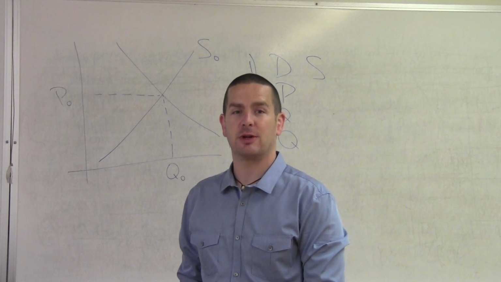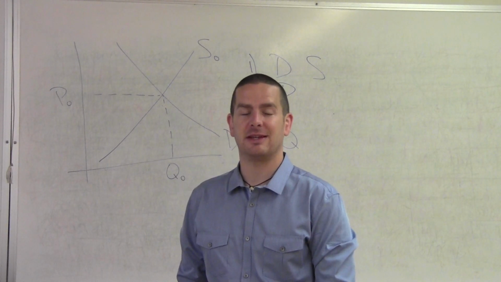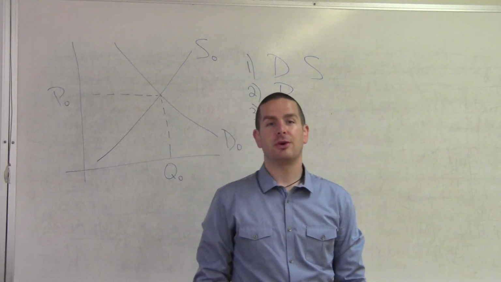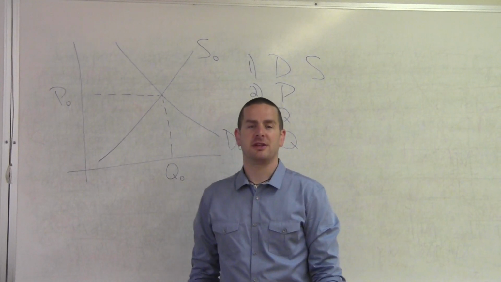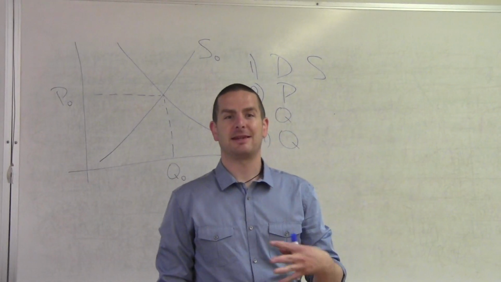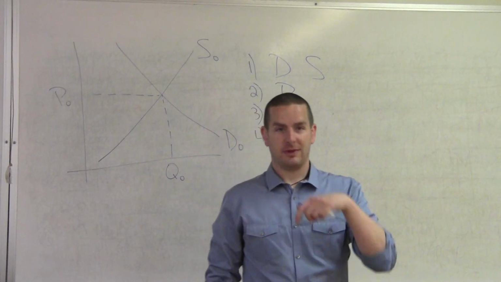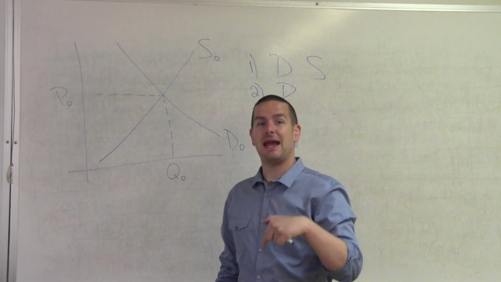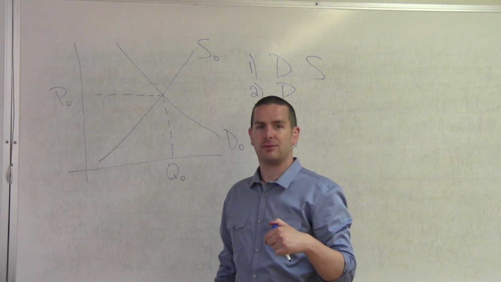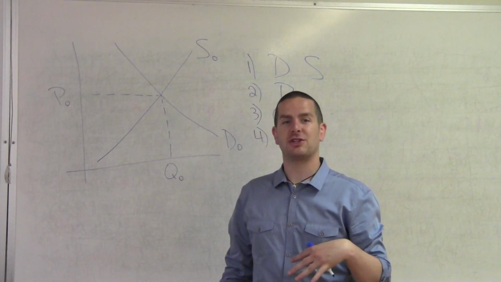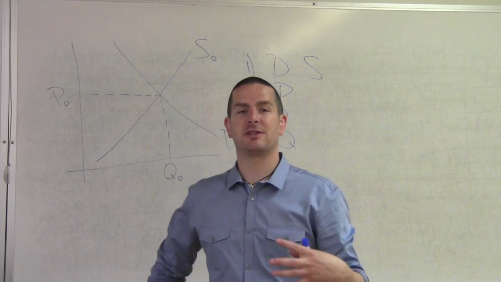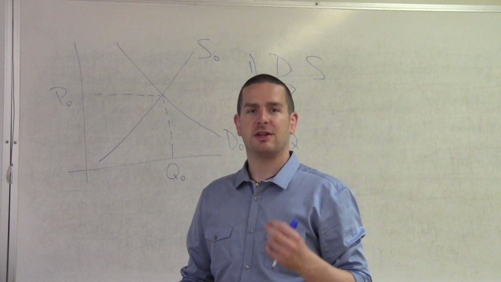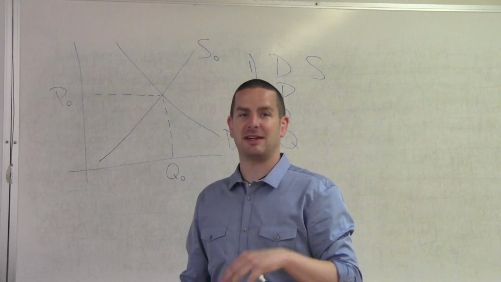Okay, that's what the stock market is. People invest in the stock market. So if the stock market crashes, that means there is less investment. If there's less investment, that means demand has gone down. Okay? So if the stock market crashes, demand goes down because there's less people investing.